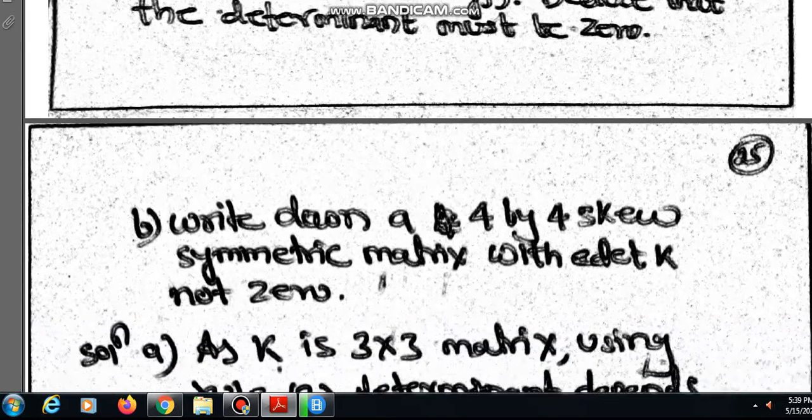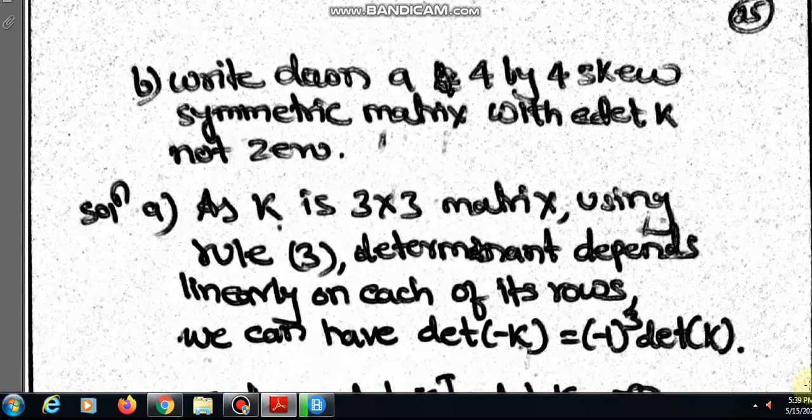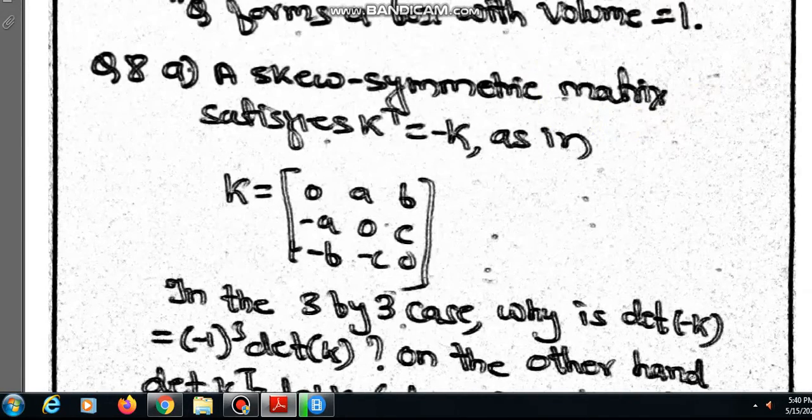For the first part of the question, K is a 3 cross 3 matrix, and using rule 3, that the determinant depends linearly on each of its rows, we have the determinant of minus K equals minus 1 times the determinant of K. Here, minus 1 is multiplied to all 3 rows. Taking minus 1 out separately for each of the 3 rows, I get minus 1 raised to 3.